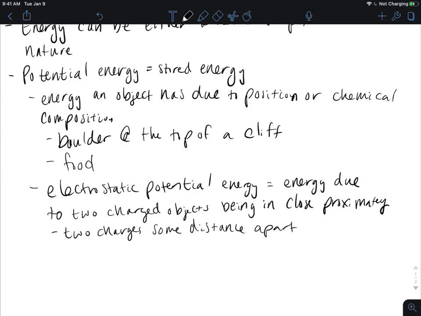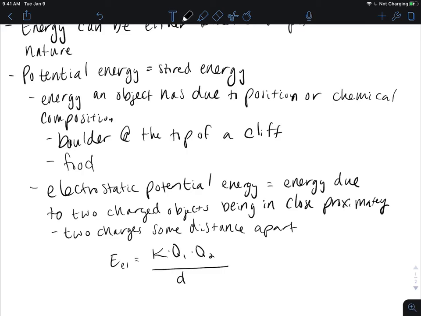And we have an equation that relates the two, where we have our energy, E_el, it's just electrostatic, is equal to a funky looking long fat K times Q1 times Q2, all divided by d.